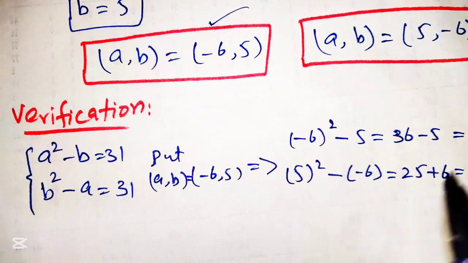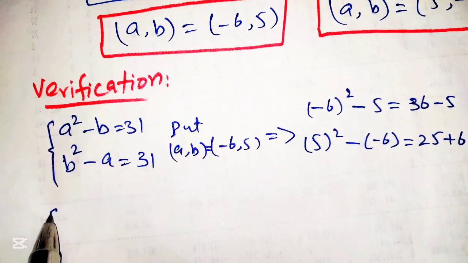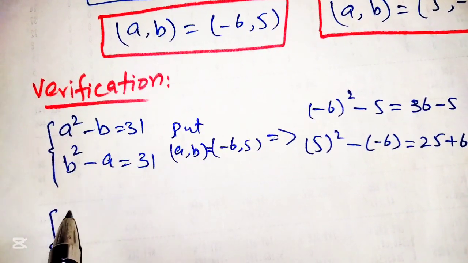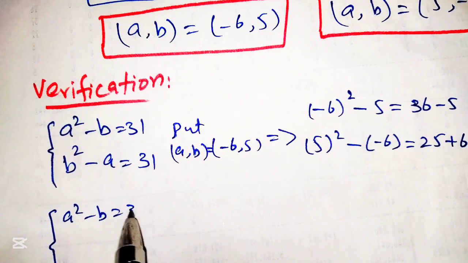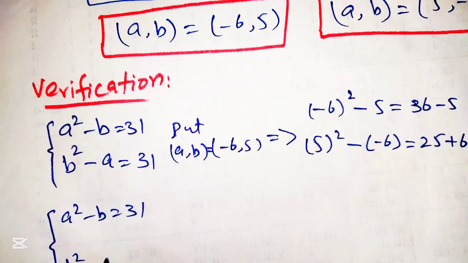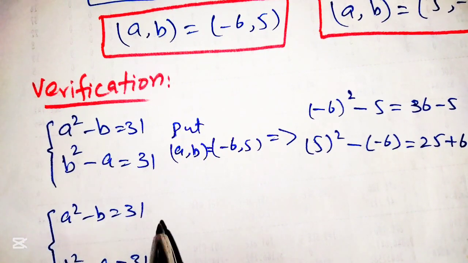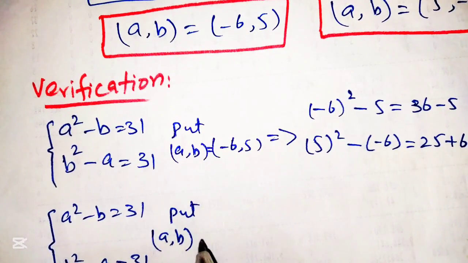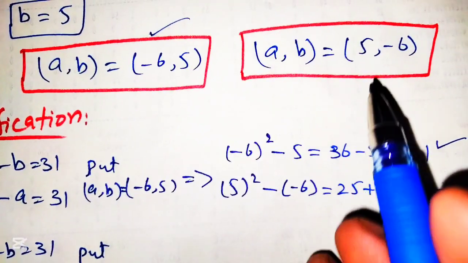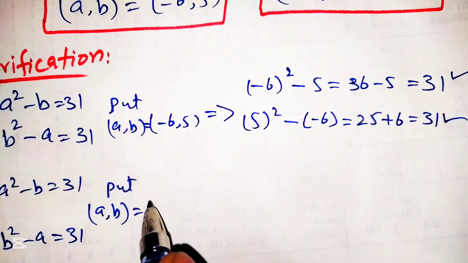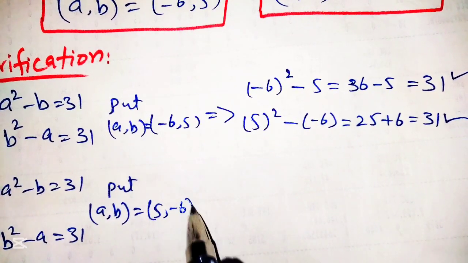Now for the second pair we will write the given equations again as a² − b = 31, b² − a = 31. Now we will put (a, b) equal to the second pair, which is (5, −6).